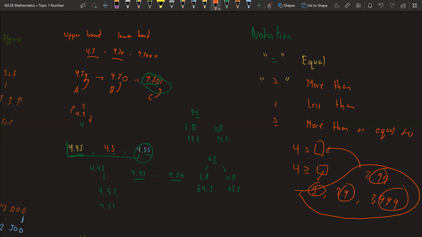But for this one, it's not only restricted to 3.9999, but 4 is also fine because 4 is equal to 4. But over here, this value has to be more than that, no matter what. So this is the notation.